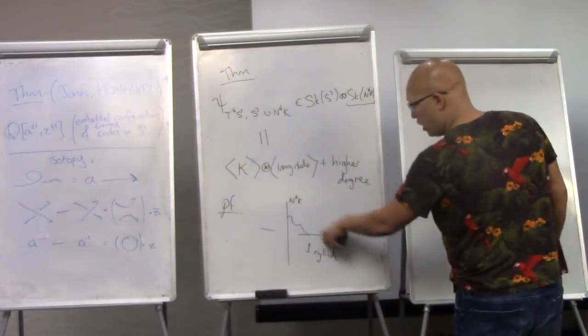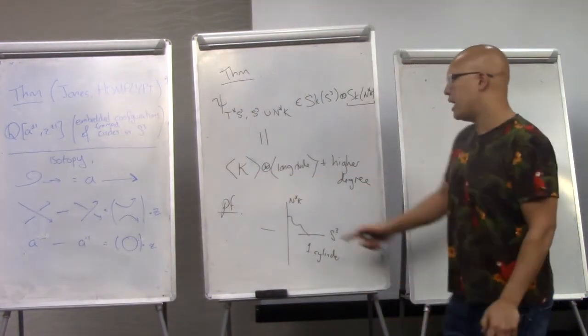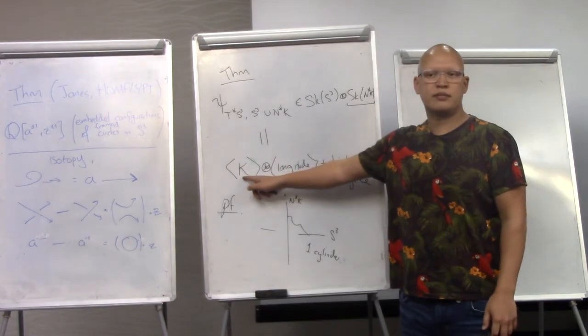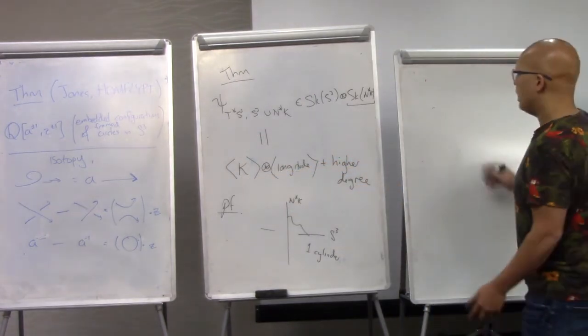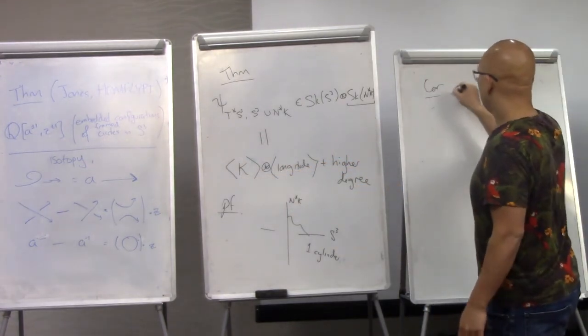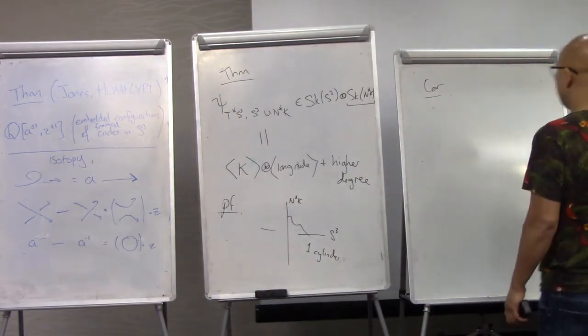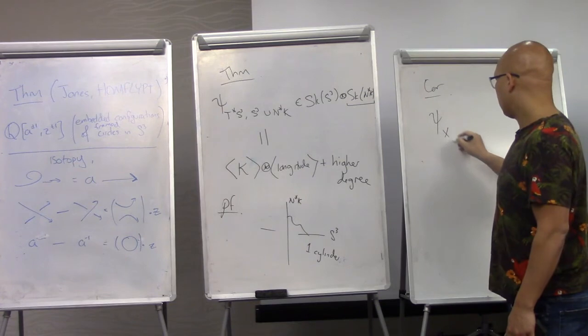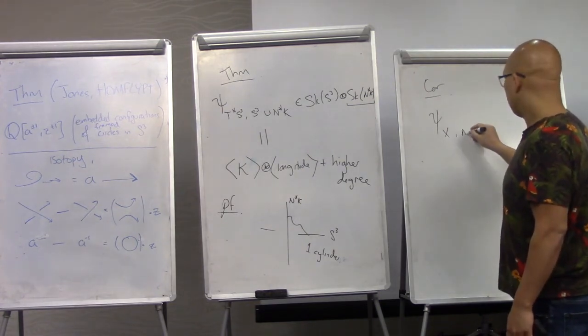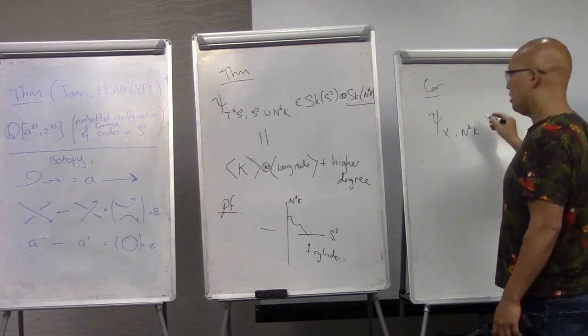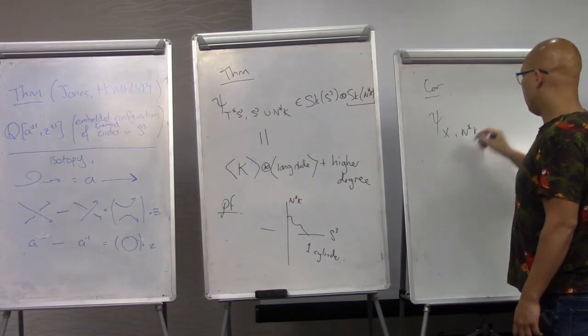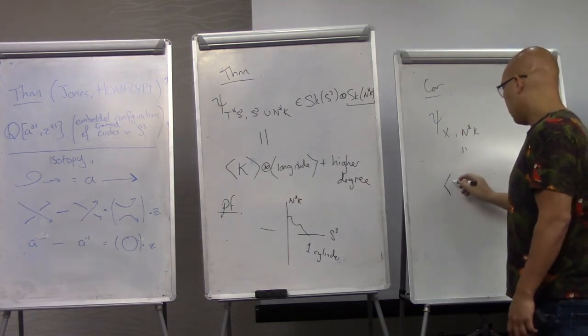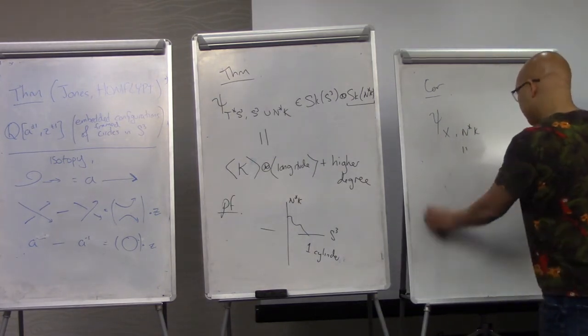So this one is this one, but now we count it by its boundary. And the corollary to this theorem, combining this theorem and that theorem, is that if I take the resolved conifold, this is equal to the HOMFLY polynomial of K.